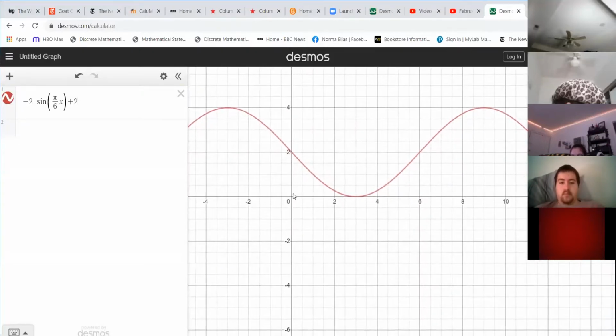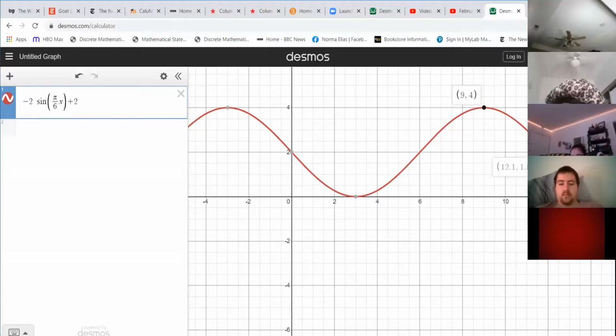So that's basically the graph. It goes from 2, that's a 3 in here, up to 6, peaking at 9. That's the 9, 4 that you have in the picture, going all the way down, and this is the 12, which is my period. And that's exactly what we got. So the formula we got totally coincides with the graph of the function. All right.